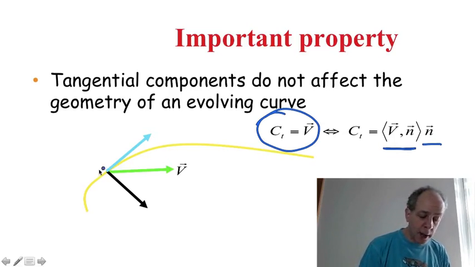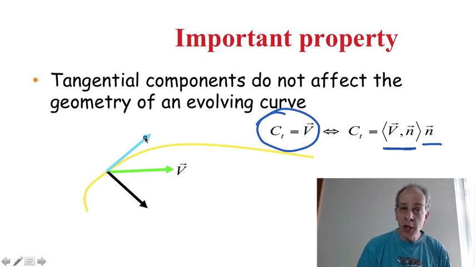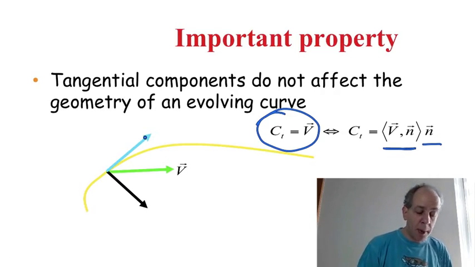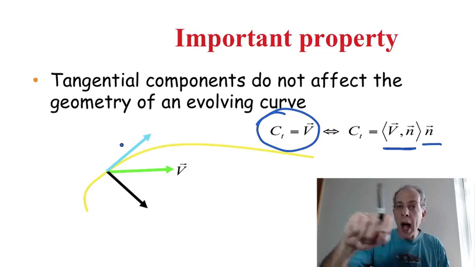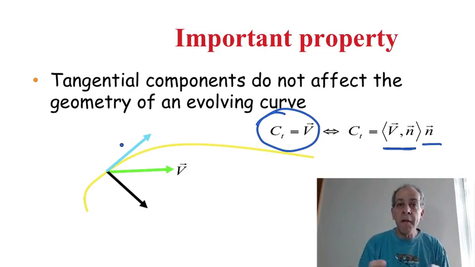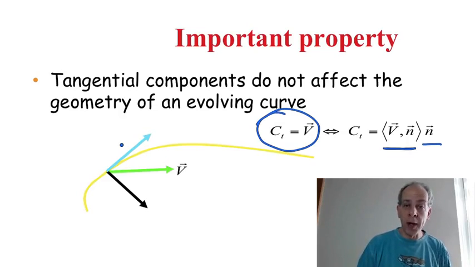You can add velocities in the tangential direction, they just don't change the shape. Remember, the tangent is the direction you're traveling along the curve. So adding these terms is kind of changing the velocity at which things are moving, but they're moving along the curve. They're not really deforming the shape of the curve.